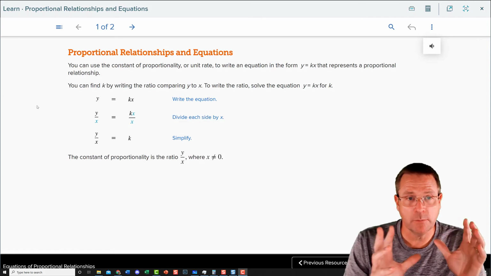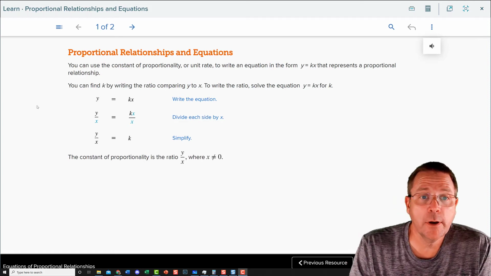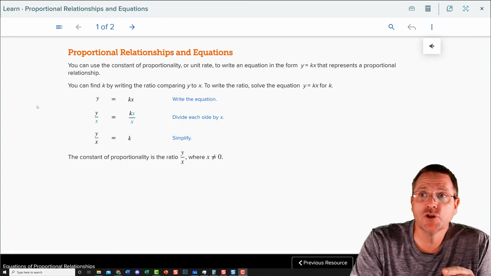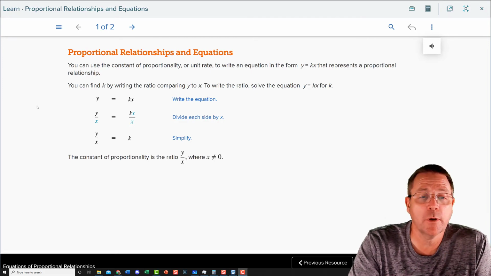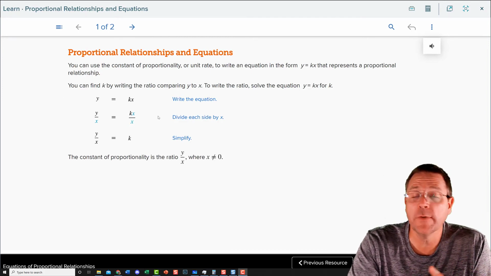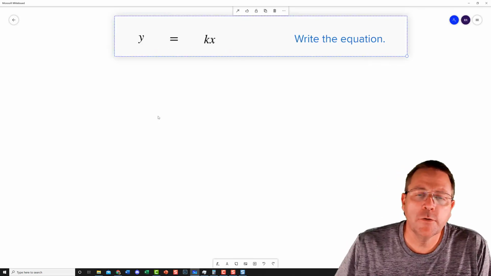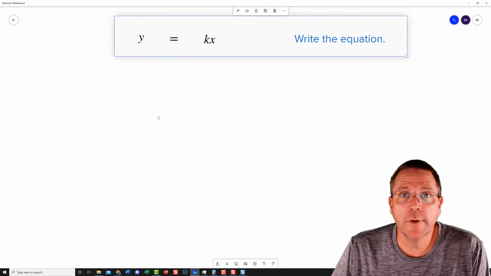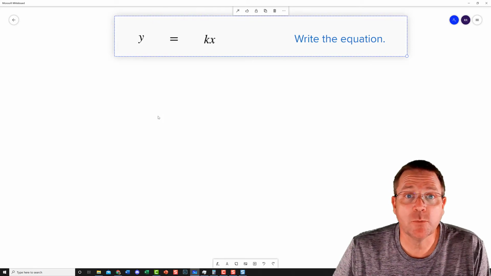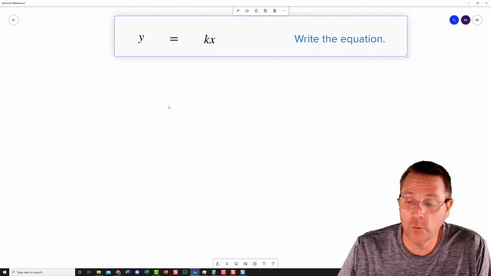Now, they've got some really funky stuff thrown out here, and we're going to take a screenshot because I want to show you exactly what happens there. We haven't done anything like that this year. They start out with the equation y equals kx, and this is straight up algebra, but don't be scared of it because it's so simple.